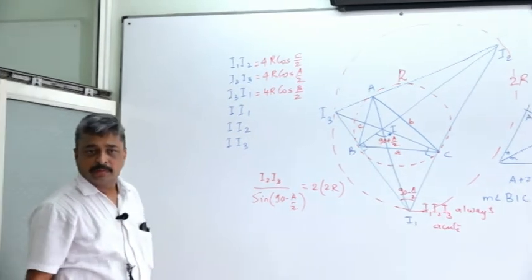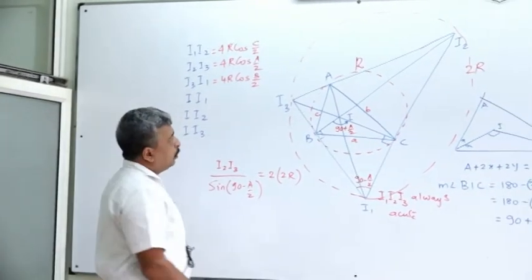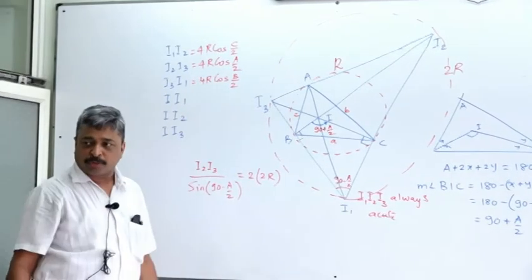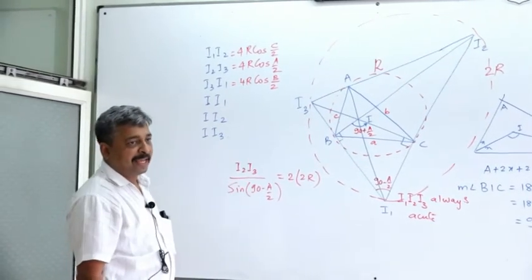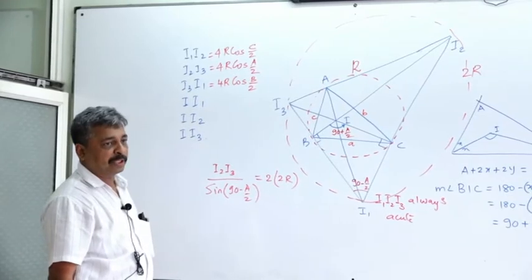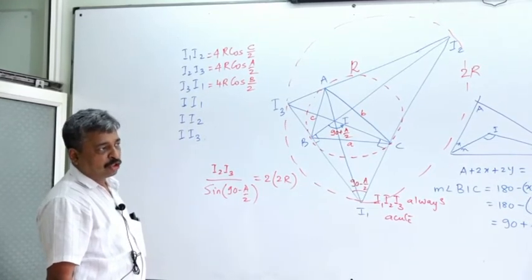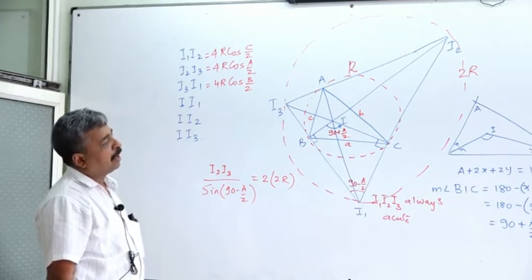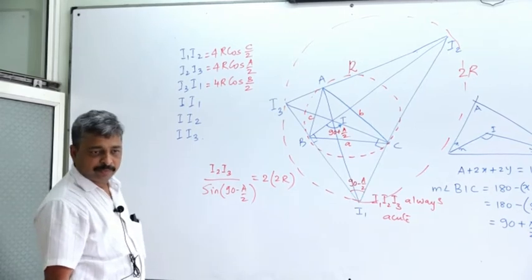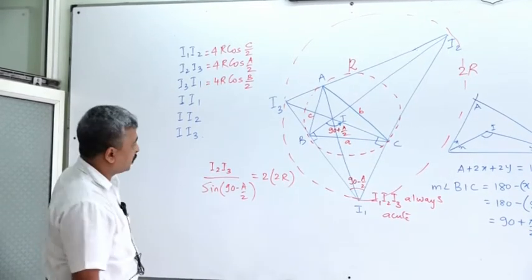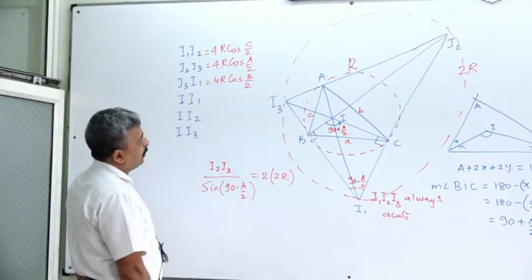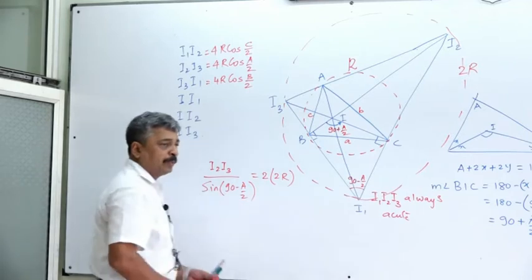Do you understand? Easy. Now, I1 is something like AH in that configuration. I1 is AH in orthic configuration, and AH was 2r cos A. AH was 2r cos A, and here 2r means 4r, and cos A means cos of 90 minus A by 2.